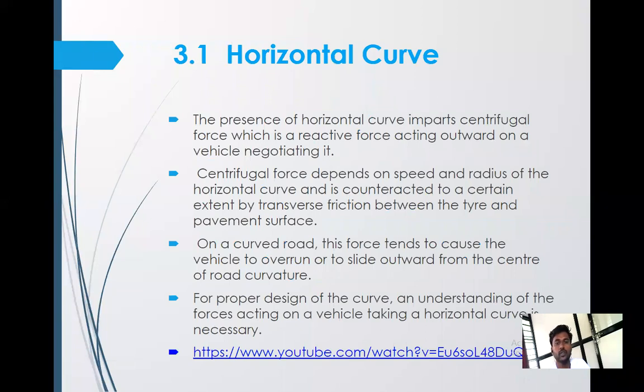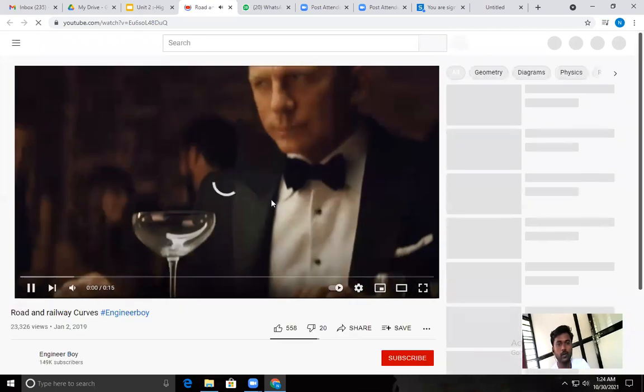The presence of a horizontal curve imparts centrifugal force, which is a reactive force acting outward on the vehicle negotiating it. Before that, we will see one video so that the idea of how horizontal curves are there and how they should be divided will be clear. After that, we will see what elements we need to consider in it and how we should go about designing them.